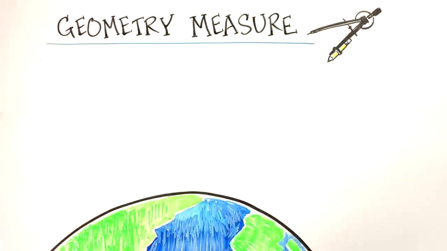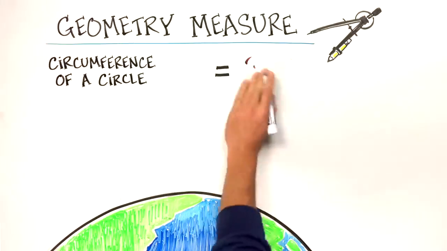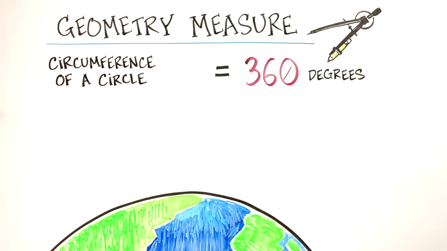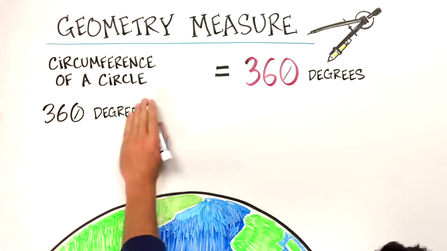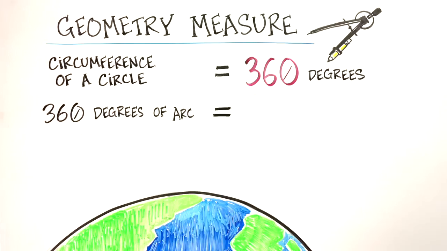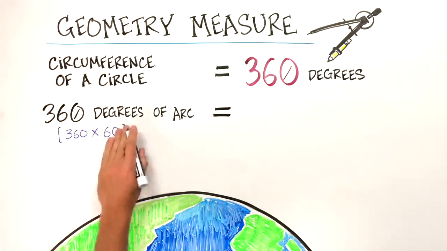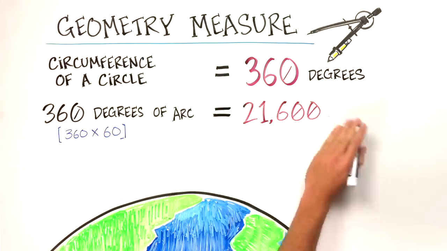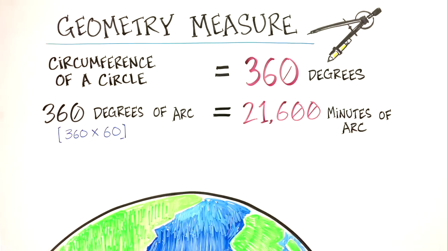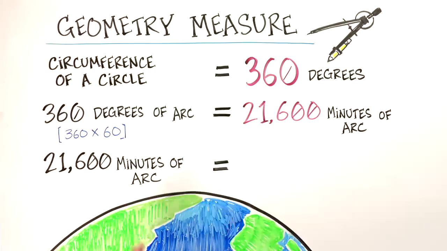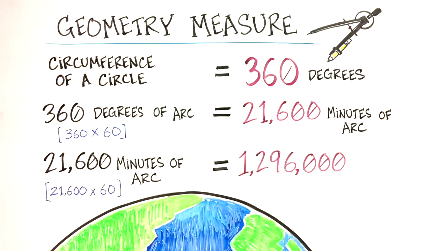Geometry, everybody knows that a circumference of a circle is divided into 360 degrees, and because each degree is subdivided into minutes of arc, there is then 60 times 360, as it says there, 21,600 minutes of arc. And then you'll notice the 21,600 minutes of arc equals 1,296,000 seconds of arc.